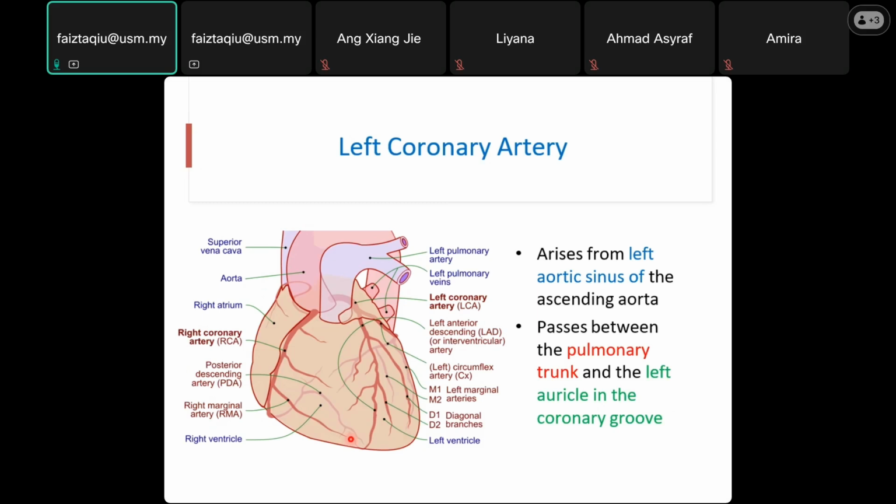So next we go to the left coronary artery. The left coronary artery arises from the left aortic sinus of the ascending aorta. It passes between the pulmonary trunk and the left auricle in the coronary groove.